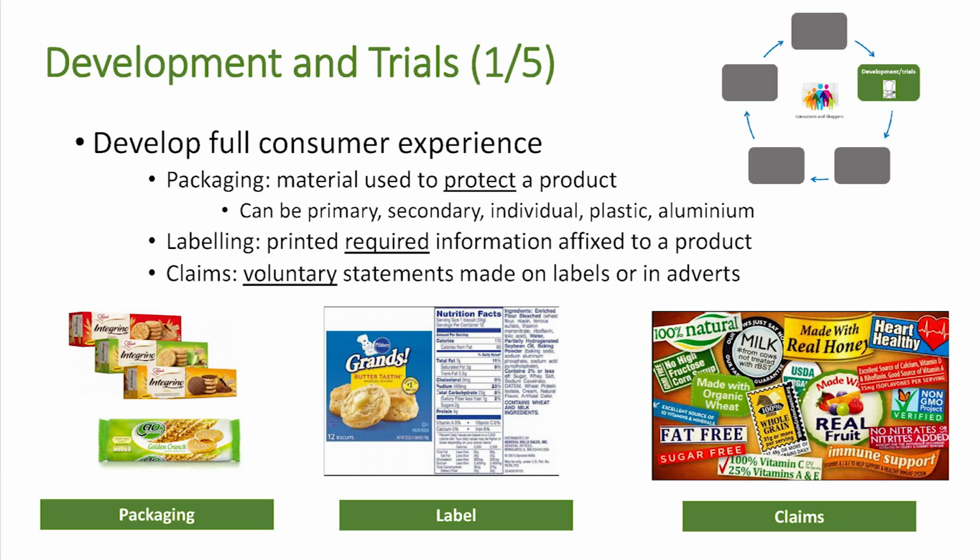Okay? And it is at this stage that we are looking at the packaging. What is the packaging of a product? The packaging is any material that is meant to protect a product. Any material meant to protect a product is called a packaging material.